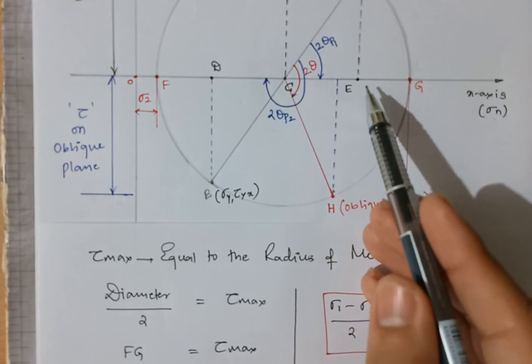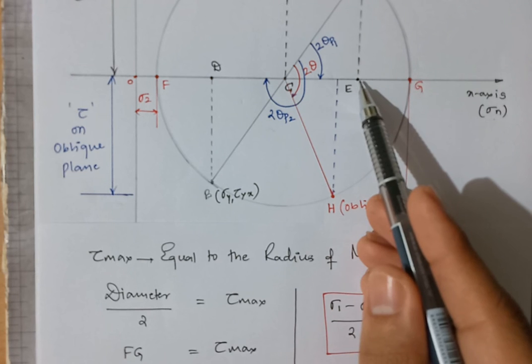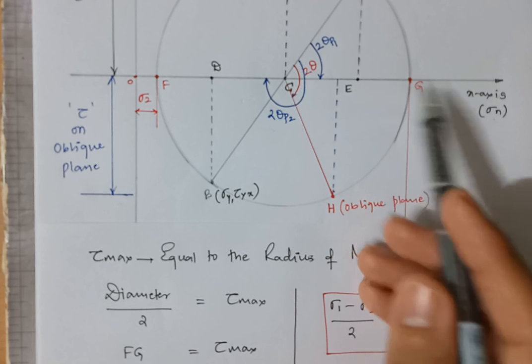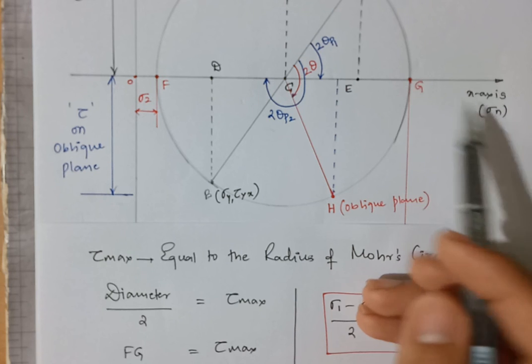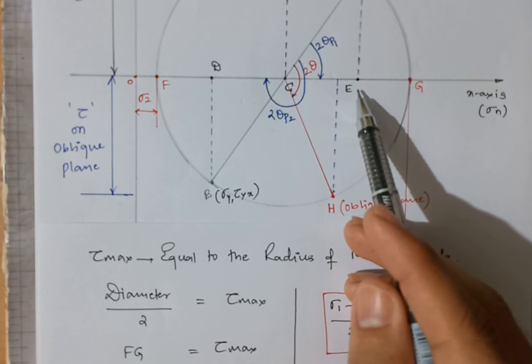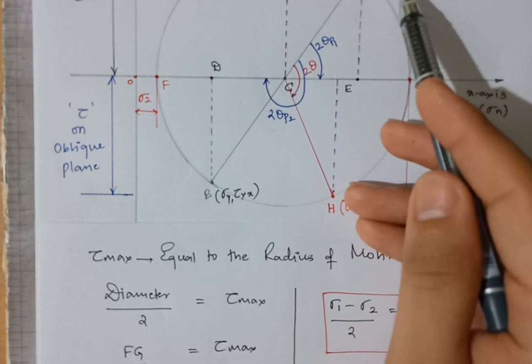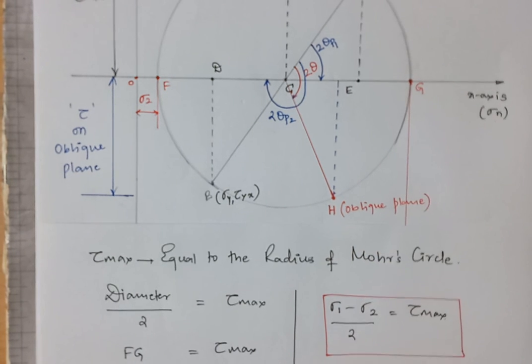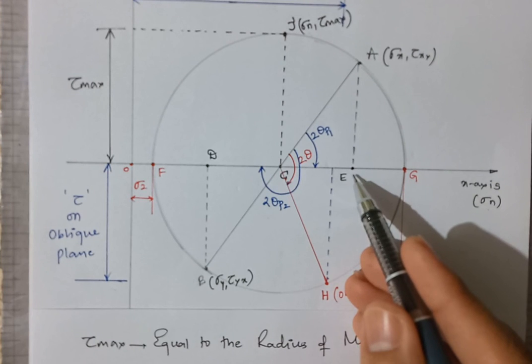What is the coordinate of this point here in this case? The coordinate on the x-axis, or normal stress axis, for point E is sigma x.